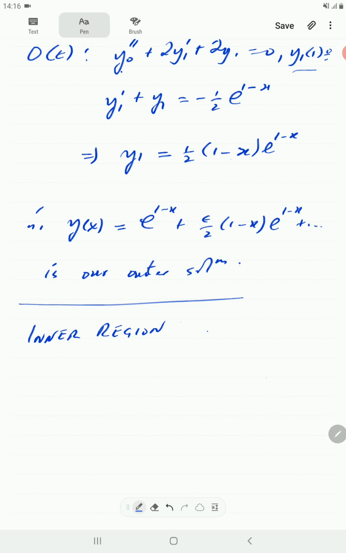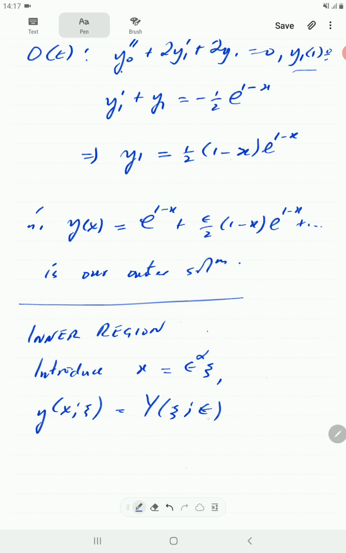So again we are going to introduce a scaled variable. This is similar to what we did in the previous problem. We're going to write x equal to epsilon to the power alpha xi, and for the dependent variable we are going to introduce capital Y in the inner region.